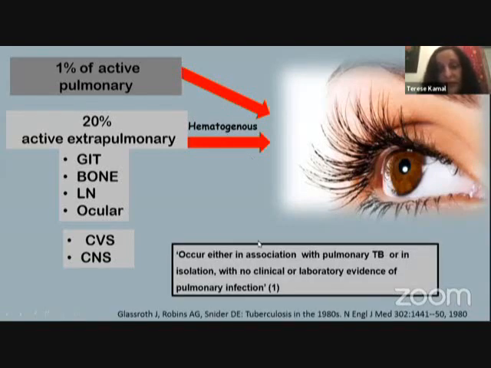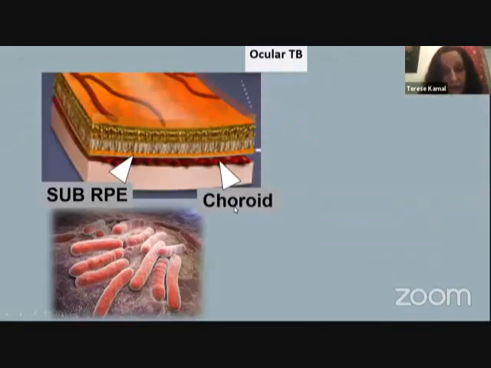And this was described in the 80s, where they mentioned that ocular TB can occur in association with pulmonary TB or in isolation with no clinical or laboratory evidence of pulmonary infection. Ocular TB is one of the most difficult to diagnose and treat because it gets to the eye through the blood into the choroid. The choroid is very vascular, and the bacilli tend to start to replicate in the sub-RPE area.